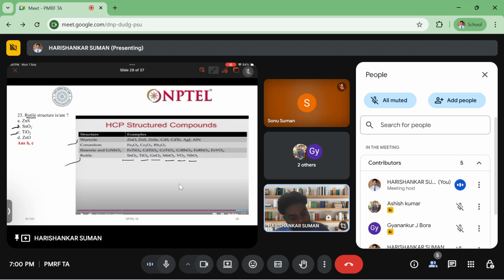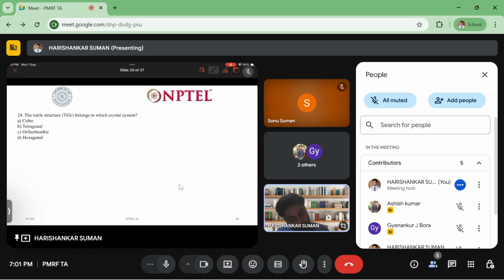Also, we will discuss wurtzite structures: ZnO, ZnS, ZnSe, cadmium sulfide, cadmium telluride, AlN, and like that. In corundum, Fe2O3, we have already discussed these structures. The rutile structure belongs to which crystal system? Tetragonal, we will discuss this. Let's see more. Next question.